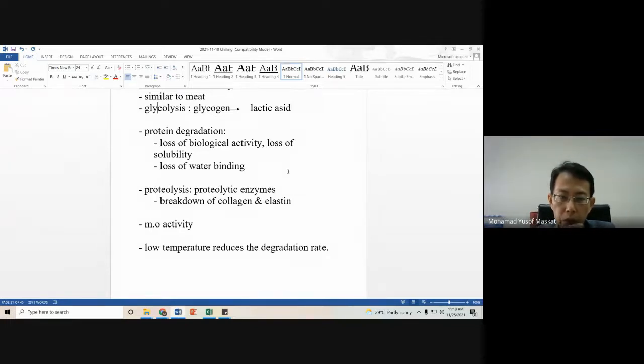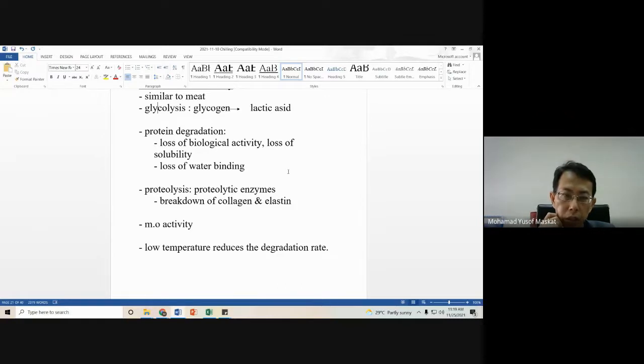When there is loss of water binding capacity, the product will lose water. And as we have discussed previously, intact meat products depend on water because they are sold based on weight. So the loss of water means the loss of weight, and subsequently the loss of profit. So water binding is very important.